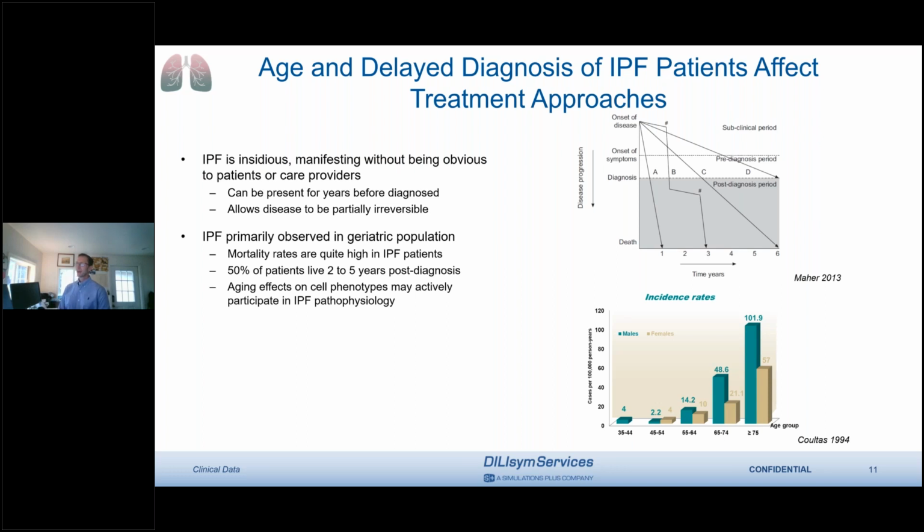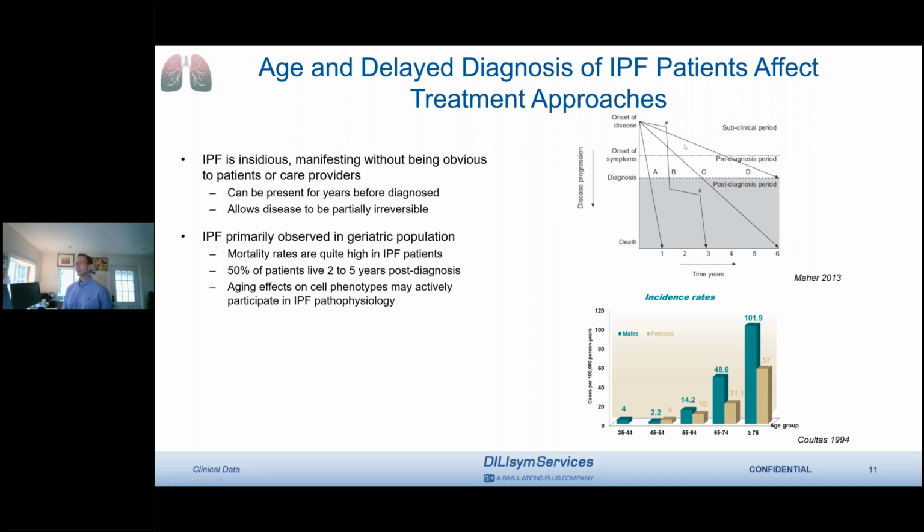So idiopathic pulmonary fibrosis, I mentioned earlier, the survival rates at 5 years are low, and mortality rates are high. I think this figure from Mar 2013 really summarizes it nicely. It's an insidious disease in that the fibrotic and pathophysiology mechanisms are manifesting without anybody noticing for an extended period of time often.